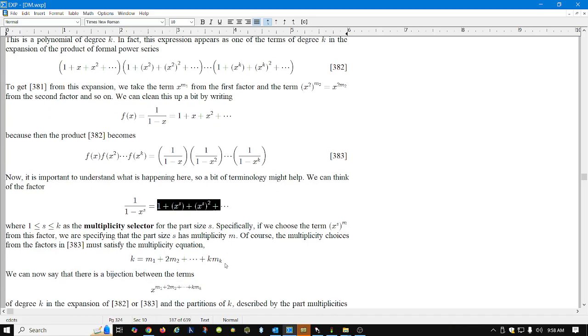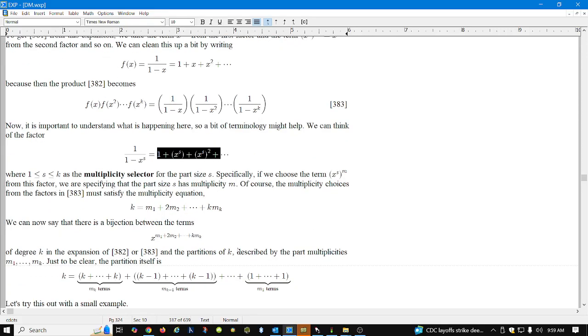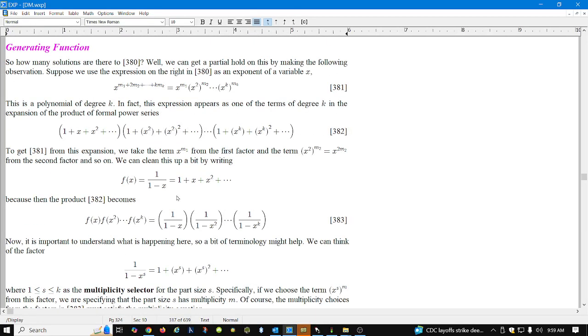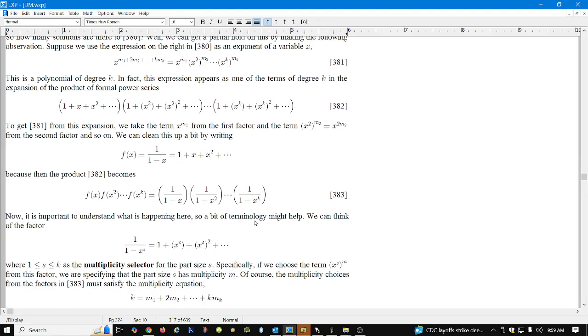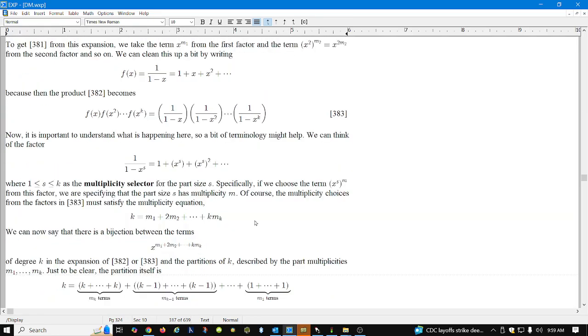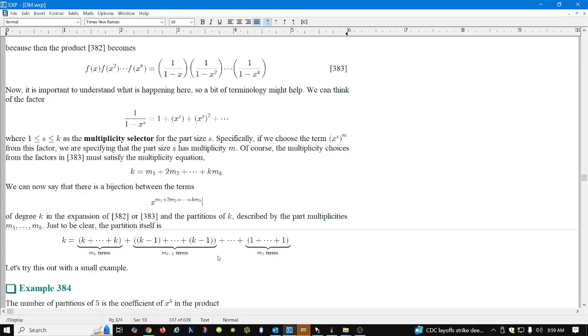And, of course, these multiplicity choices have to satisfy this equation, the multiplicity equation. In any case, now we can say that there's a bijection between the terms of degree k in the expansion of this thing, or written this way, the expansion of this, and the partitions of k.